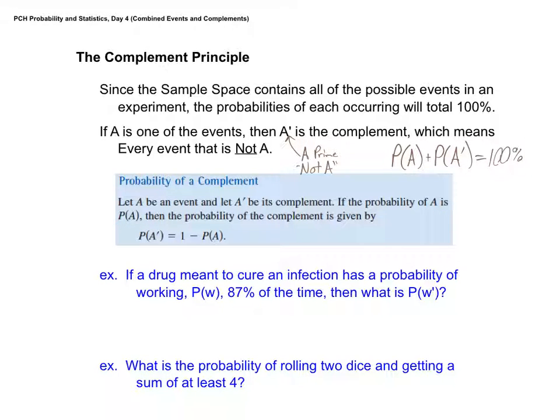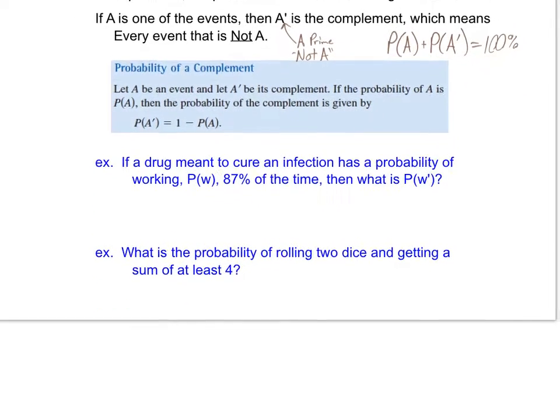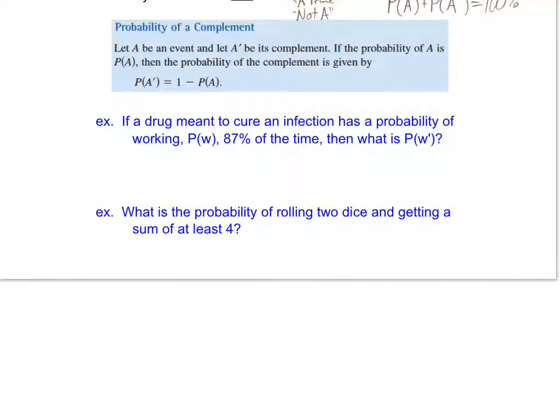Alright, so here's some little examples. If a drug is meant to cure an infection, it has a probability of working, P of W, 87% of the time. What is P of W prime? 13%. Yeah, 13%. The probability of it not working is 1 minus the probability of it working.